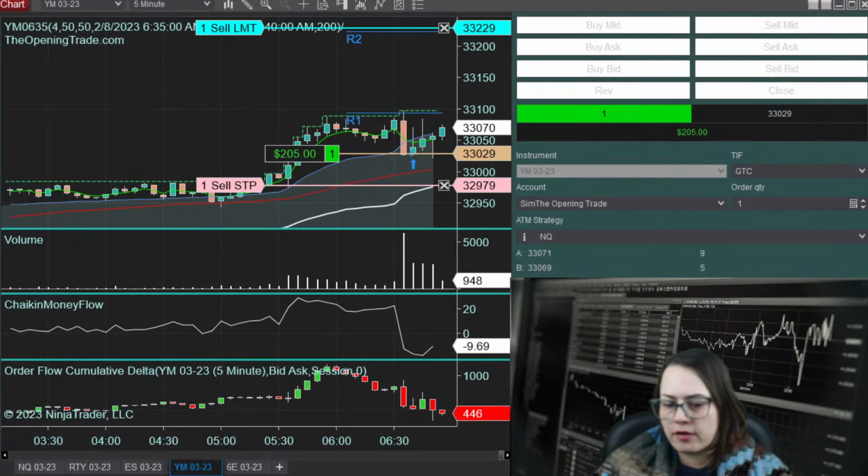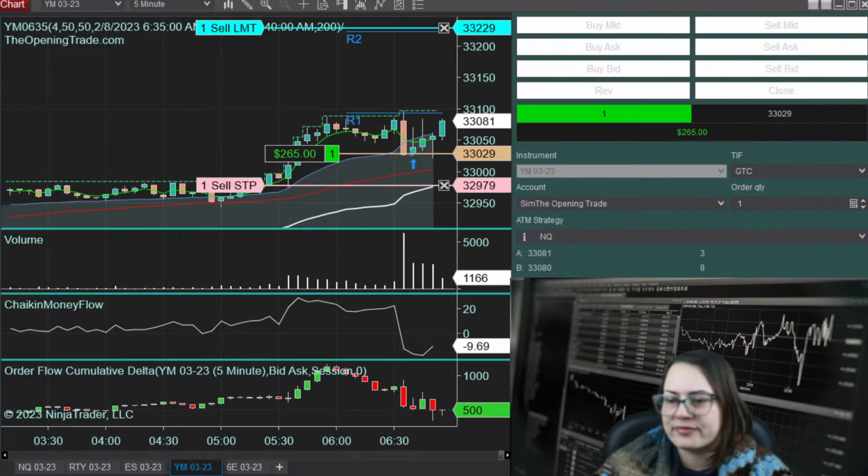We are in an automated trade on the Dow Jones futures, and we would like it to grow very quickly now. Quicker than that, please. I like when I say it and it actually does it.